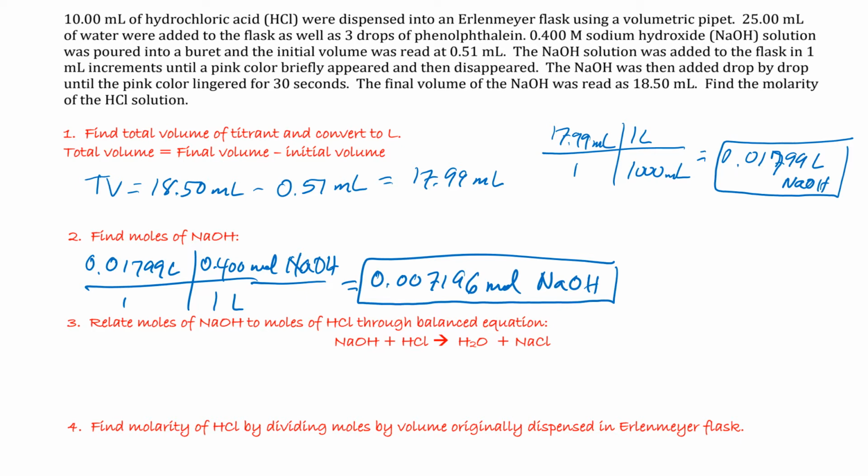So for this part, relate moles of NaOH to moles of HCl. Basically, you just use a balanced equation to determine the moles of HCl. Let's just double check that this is all balanced out. What you're doing is taking your moles of NaOH and multiplying it by the mole to mole ratio from 1 mole of NaOH to 1 mole of HCl.